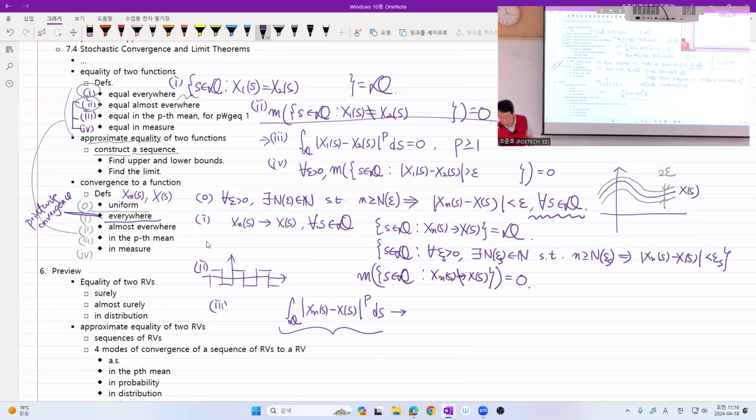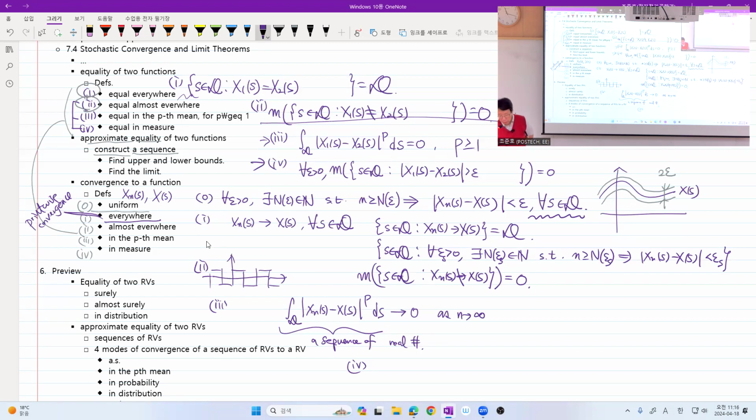We want this sequence to converge to 0 as n tends to infinity. Right? This is a sequence of real numbers after we integrate. So from a sequence of functions, we take the p-th mean, and the p-th mean is a sequence of real numbers. And if this sequence of real numbers converges, then we say the sequence of functions converges to the limit in the p-th mean. Got it?